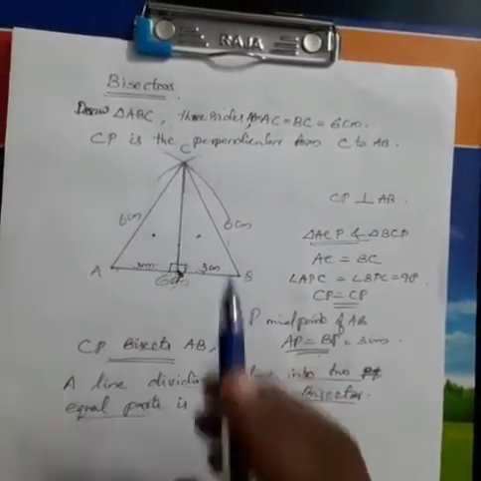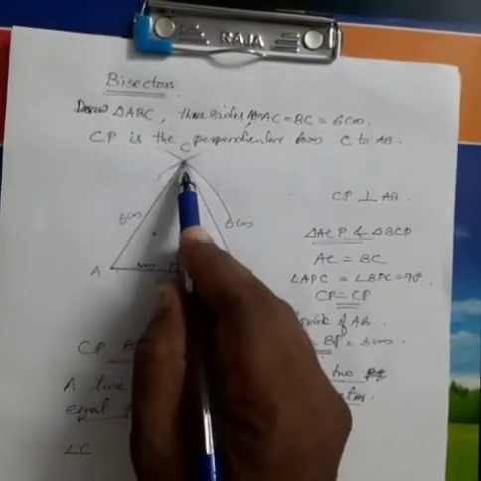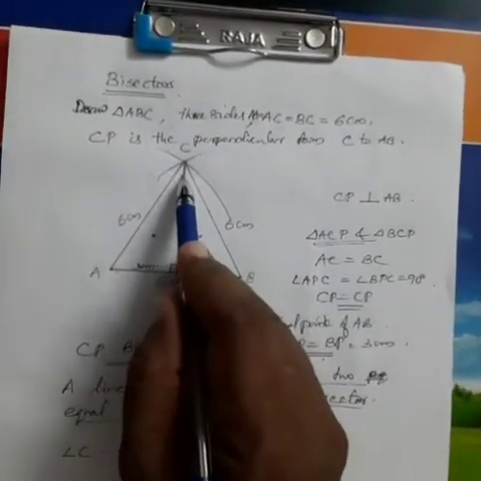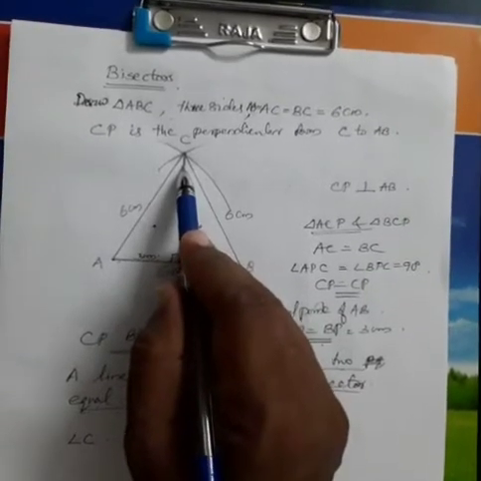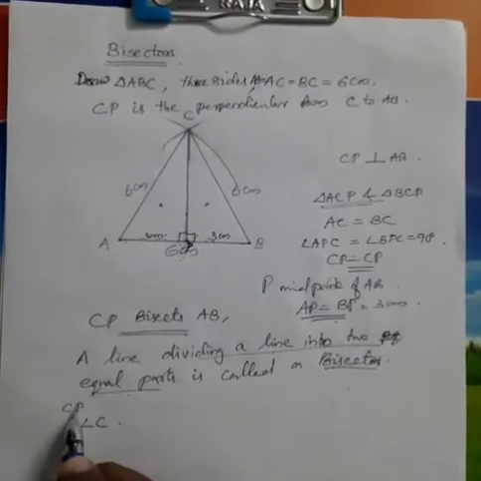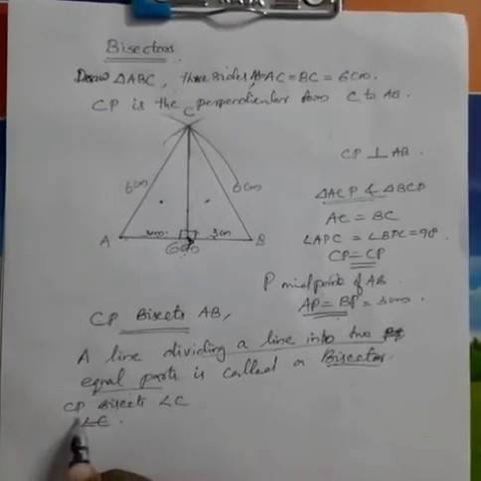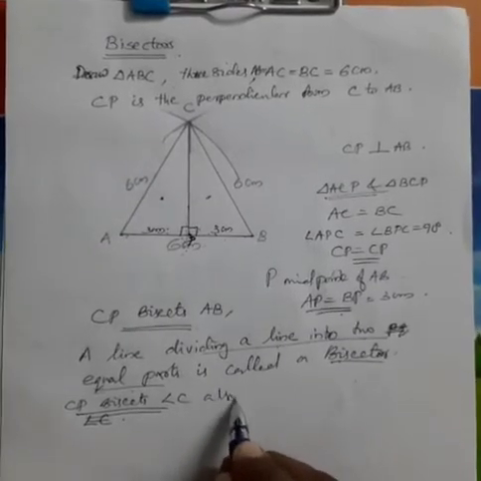Then look at C. What about angle C? Angle C also bisects. CP bisects angle C also.